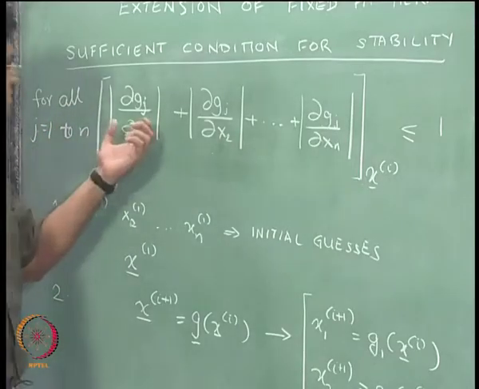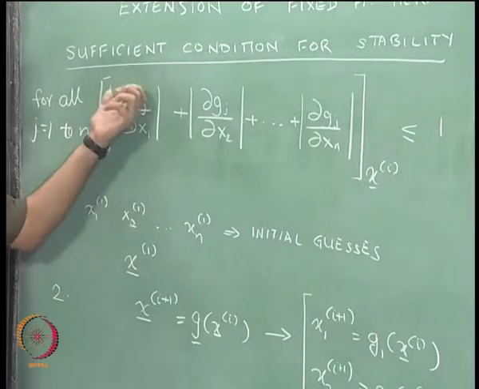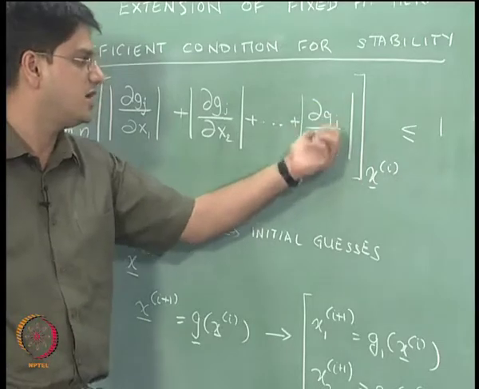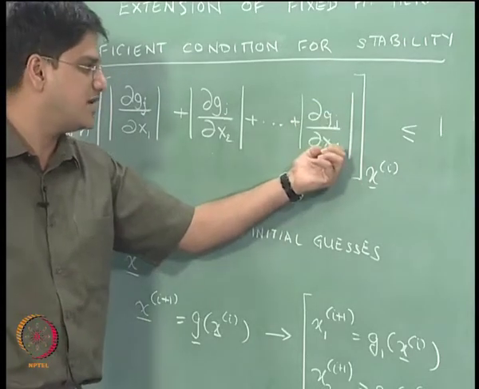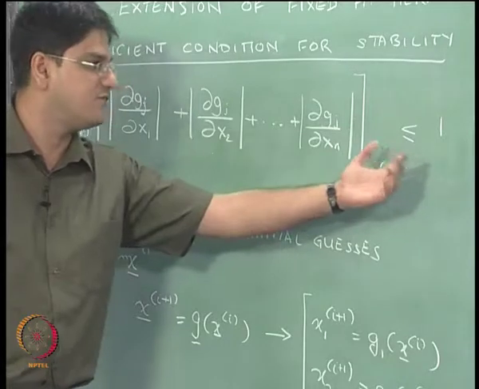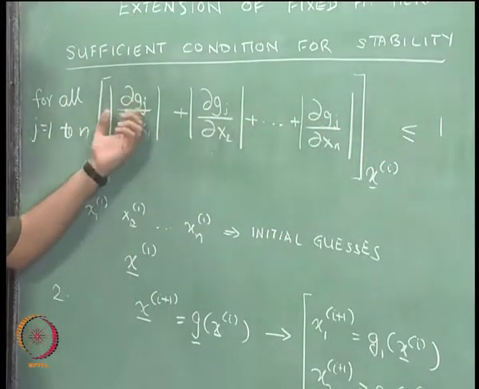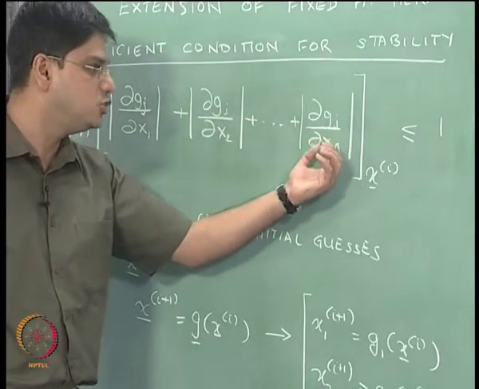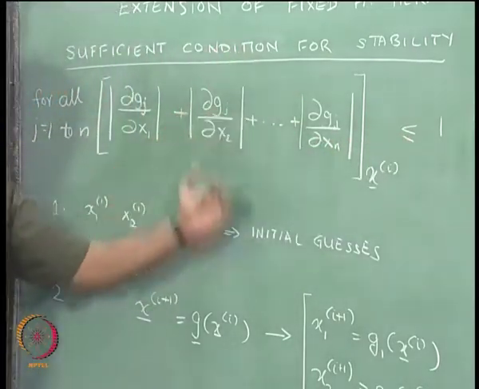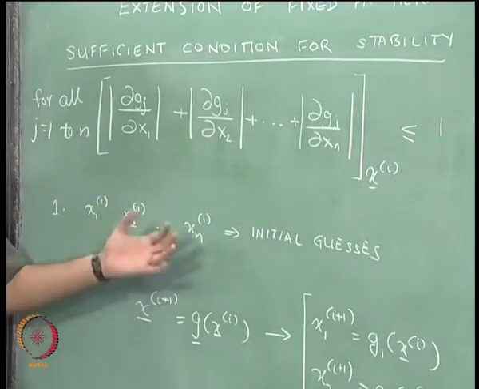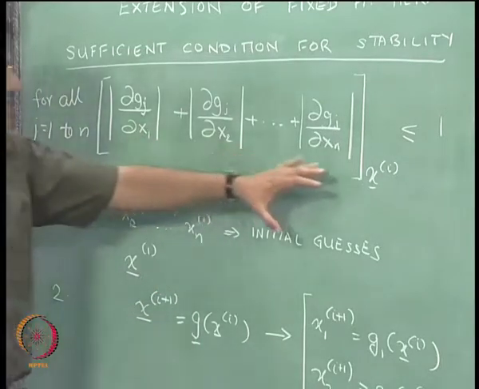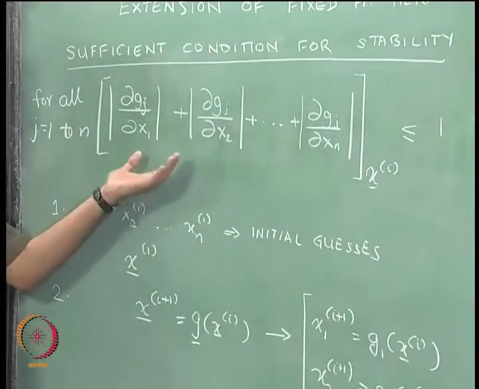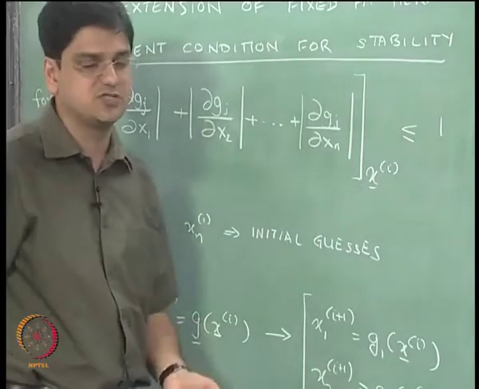What that means is partial g1 by partial x1 plus partial g1 by partial x2 and so on up to partial g1 by partial xn should be less than 1, and the same is true for g2 by x1, g2 by x2, up to g2 by xn, which also should be less than 1, and so on for all the n functions. So that is essentially the sufficient condition for stability of the fixed point iteration.